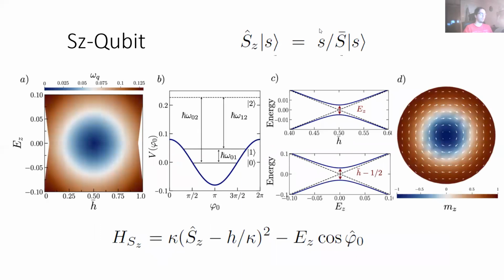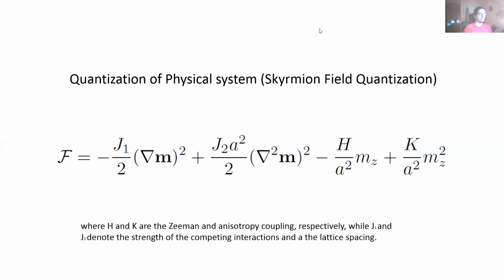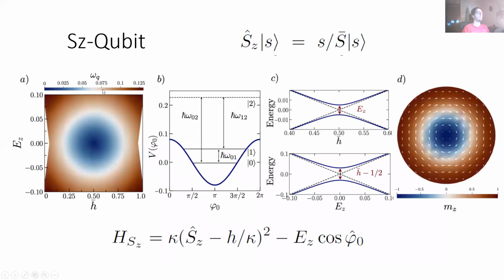So in the offered system, there are two types of fundamental qubits. First one is the Sz qubit. I didn't want to go into quantum mechanical details of what Sz does to the system and what it measures, so I will try to explain briefly.